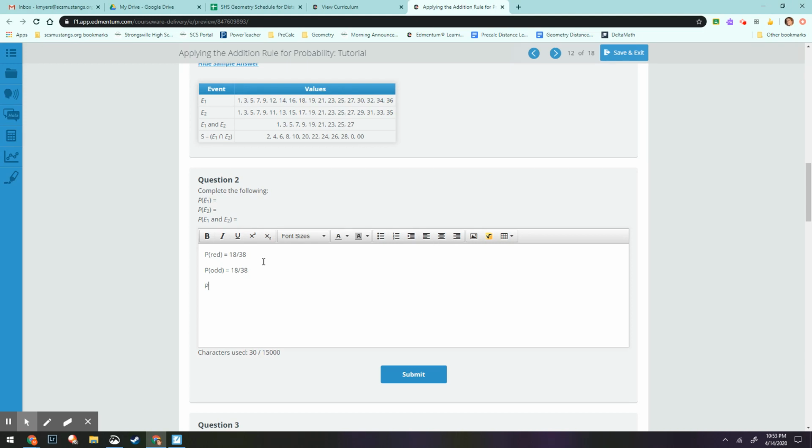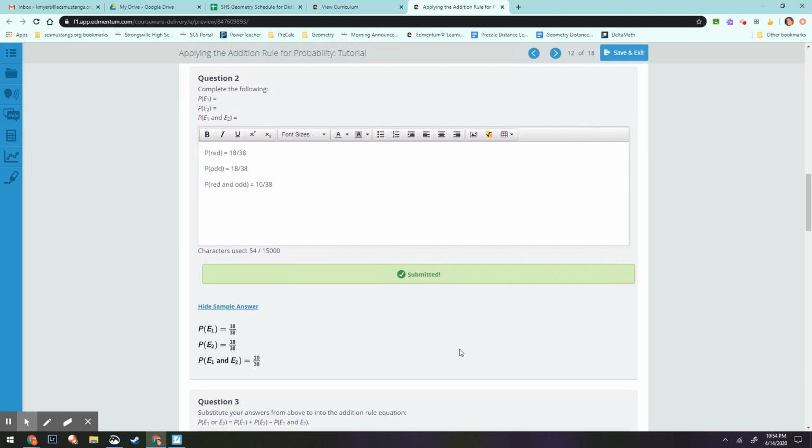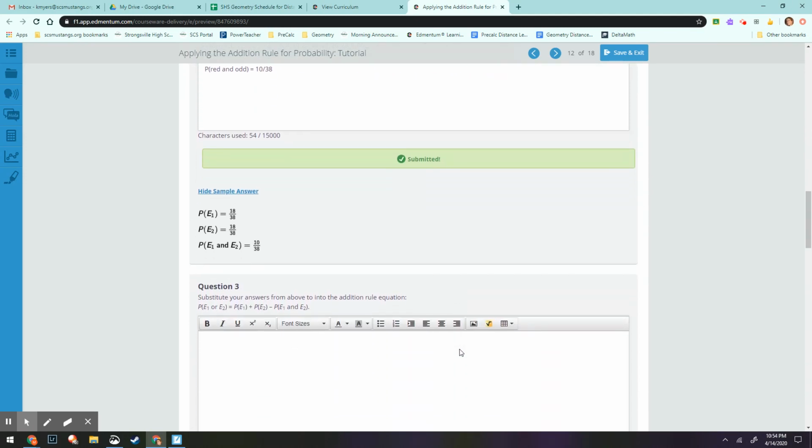The probability that it can be both, well, if you look at this table up here, E1 and E2, that's red and odd. There's 1, 2, 3, 4, 5, 6, 7, 8, 9, 10 options there. So that means that probability is going to be 10 out of 38. Okay? And we can double check those answers, and yeah, we're good.